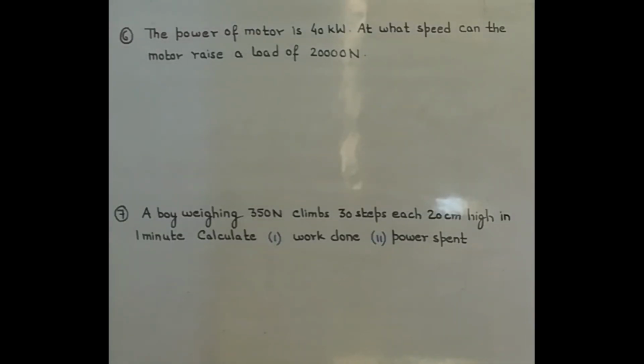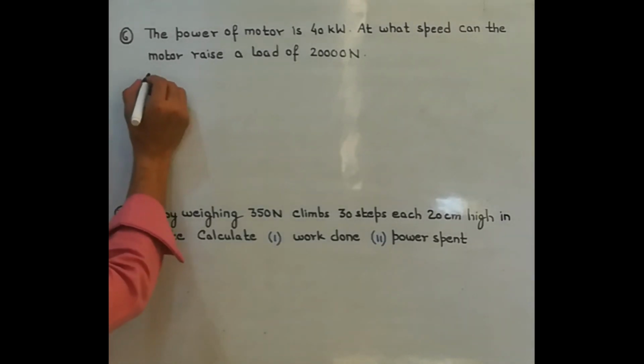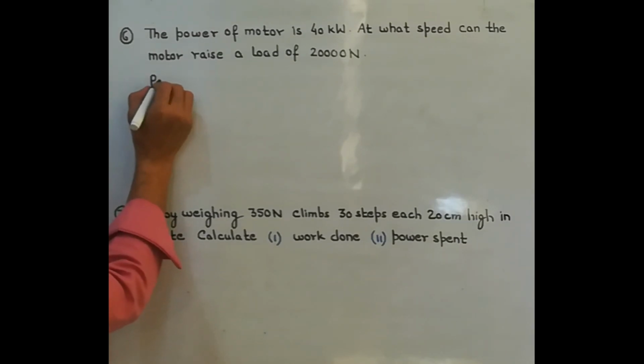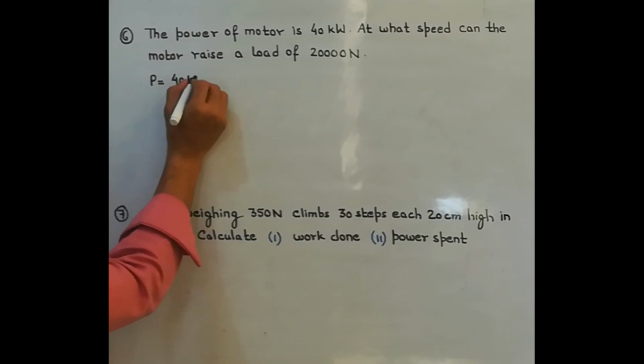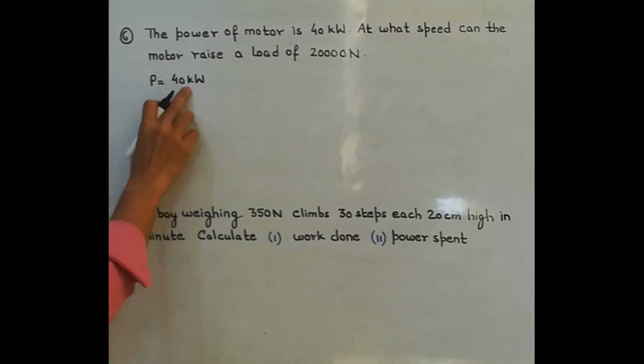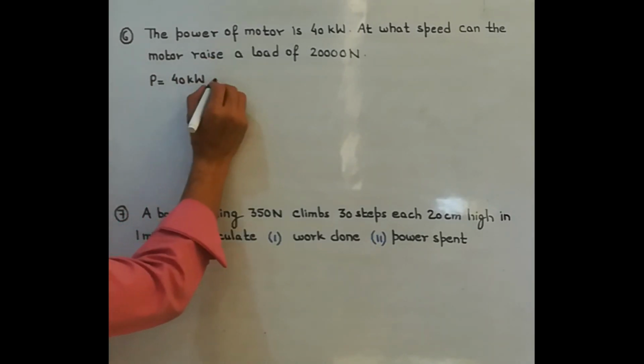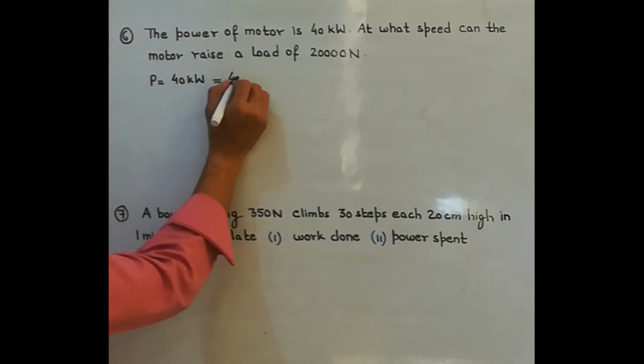Numerical number 7 says the power of motor is 40 kilowatt. Now you can see that power given to us is in kilowatt. So our first step is to replace this prefix kilo with its meaning. Kilo means 1000.